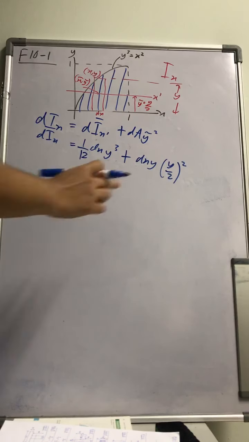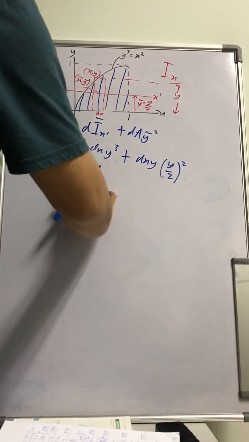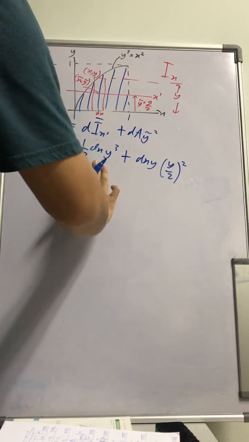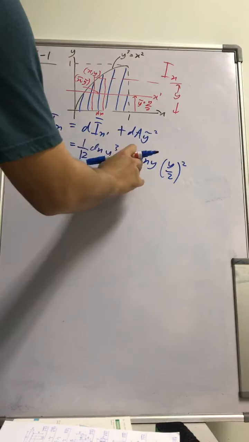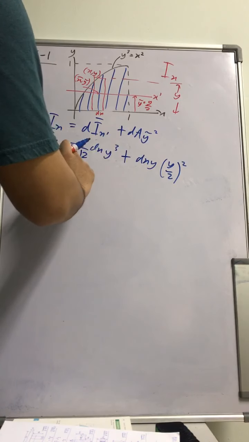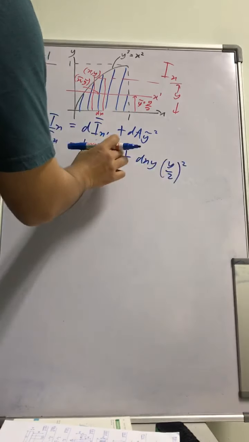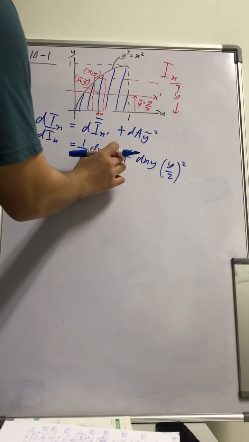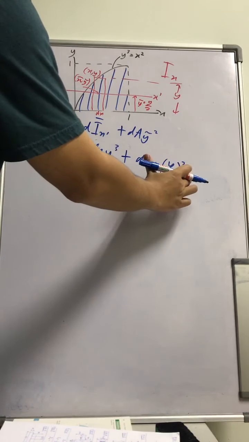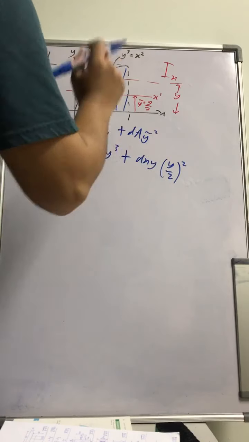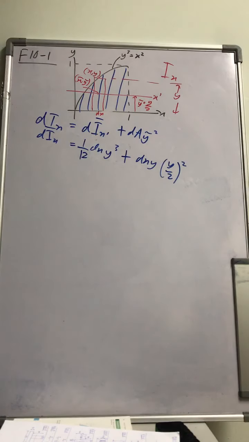Once you see that this is dx, you can take it out. This one is y cubed and this one will also be y cubed, so you have both terms as dx y cubed. So 1 over 12 plus 1 over 2 will be 1 over 3.